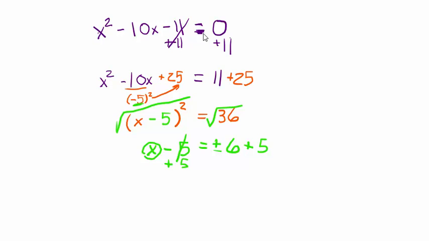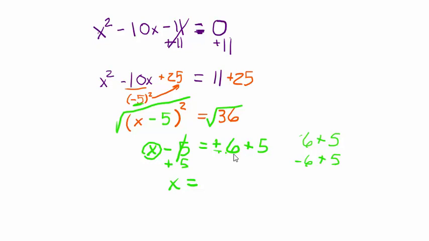So x is plus or minus 6 plus 5, but remember, what this really means is positive 6 plus 5 and negative 6 plus 5.